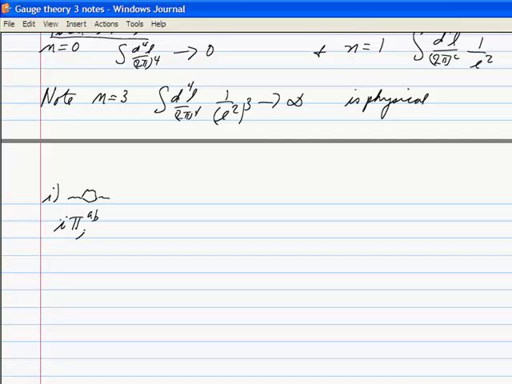Pi a b alpha beta of q squared is, well, there's a factor of 1/2 that comes from the Feynman rule for the loop of identical bosons.